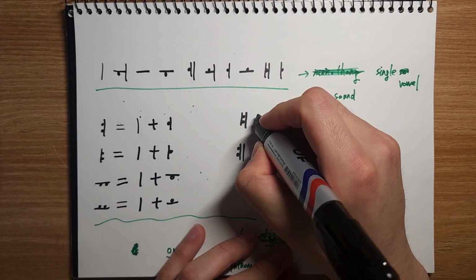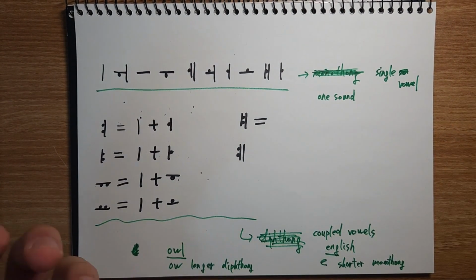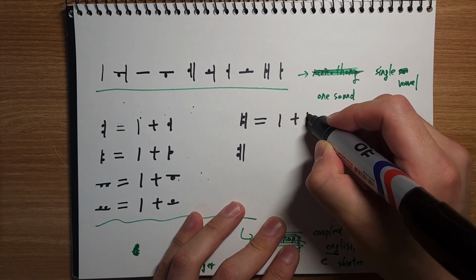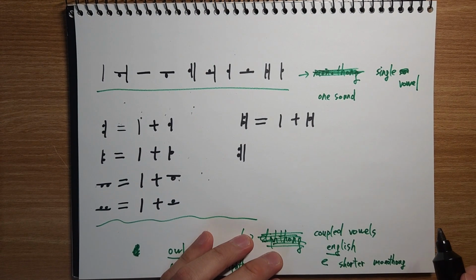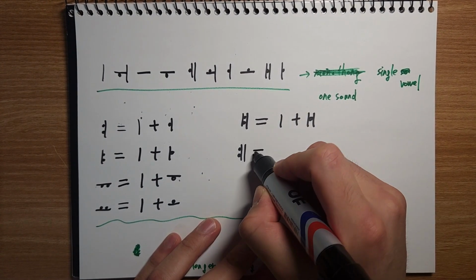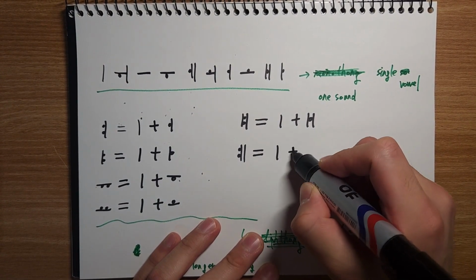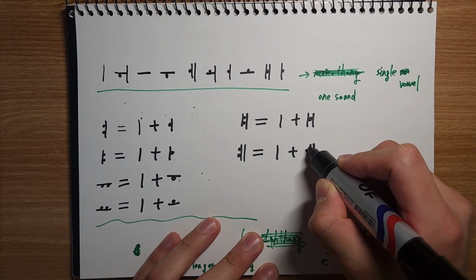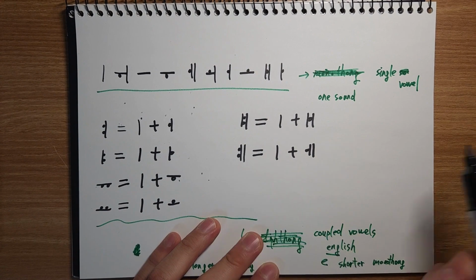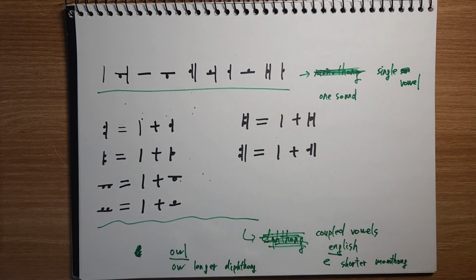And for ye, it is actually a combination of e and e sounds. Yeah, yeah, yeah. And for the other ye sound, it's also a combination of e and e sound. E, yeah, yeah.